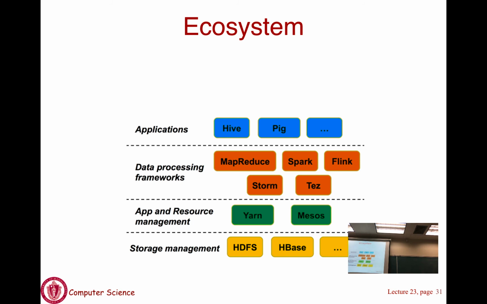On top of this storage layer is the resource management layer. There are two popular frameworks, called Yarn and Mesos. They allow you to take a cluster of machines and allocate a subset of them for a certain task. Maybe you are not the only user who wants to process a large data set. Maybe there are five other users, each of whom wants to start a MapReduce task. Now you have to make smaller groups of nodes, each running one MapReduce task.